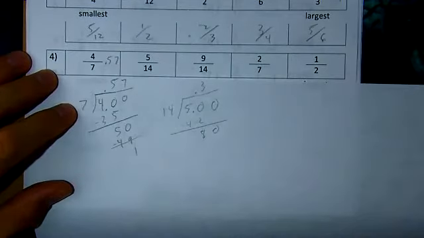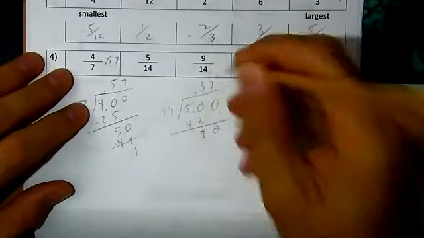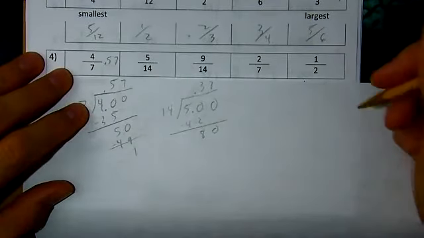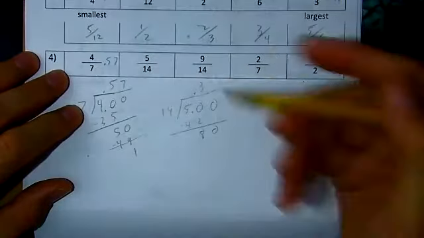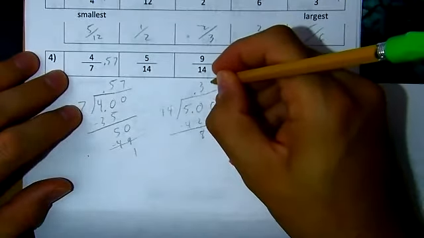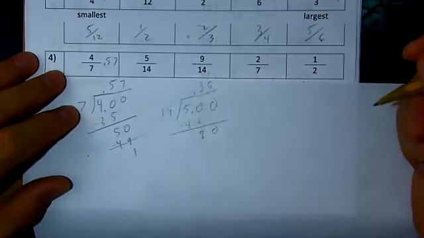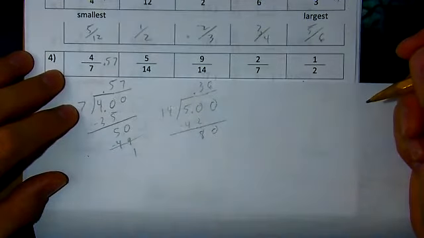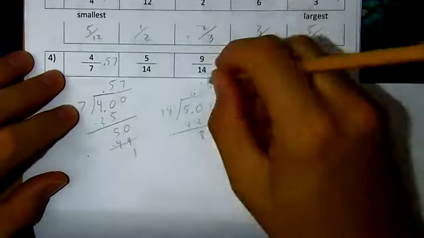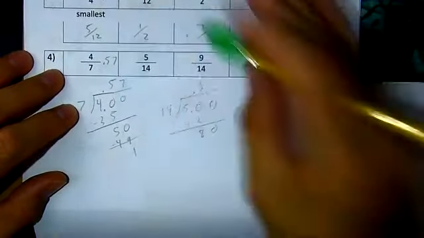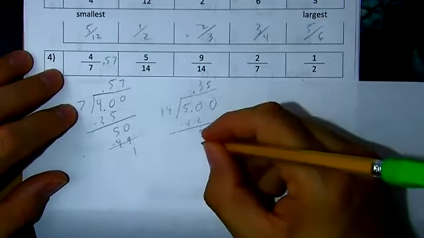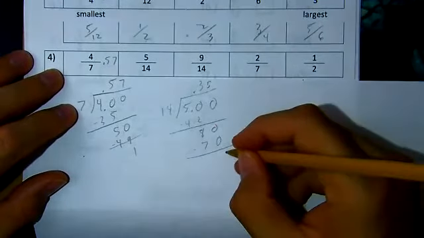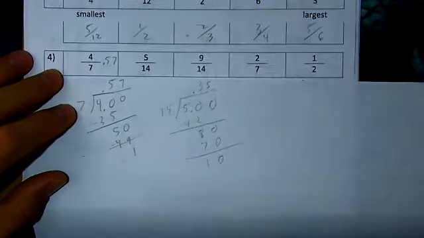Let's see, that's going to be, I think, 7. Let me try it. 70. Nope, it's too big. That's too big. I don't know what I'm thinking. 5 should be 70. We'll stop there.